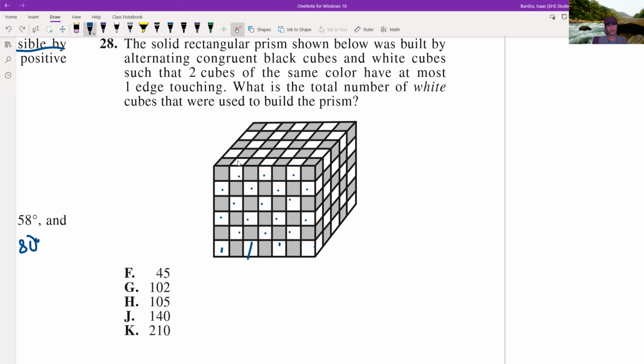There's two kinds of patterns because this pattern is the same as this pattern. And so there's 3 of the 2 patterns. So there's 21 on here.